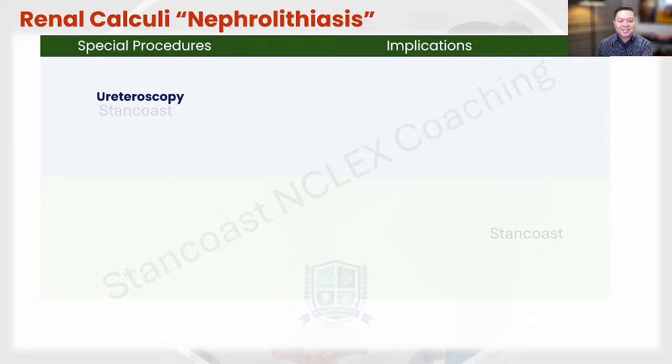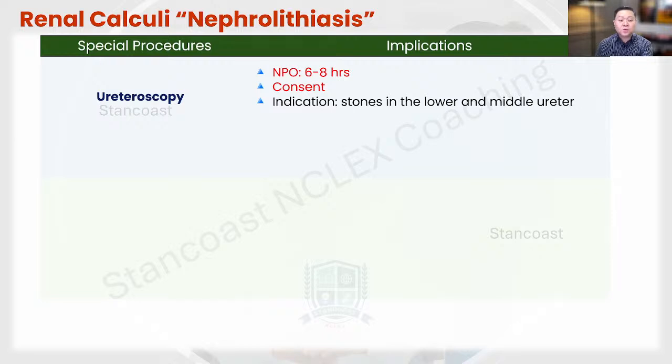Now, another procedure that we'll be expecting is the ureteroscopy. So what is that? This is a procedure that will also require NPO status for both liquids and solids. It will require 6 to 8 hours, and also signing of the consent. And this is a procedure that is most suitable for stones in the low ureter and also the mid ureter.